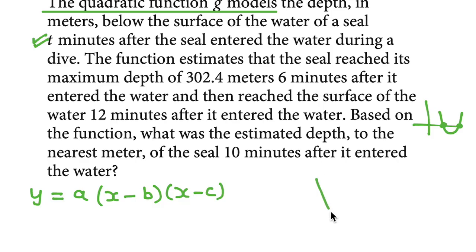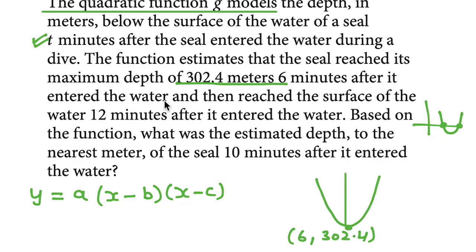So if I graph this, this information is about the vertex of the parabola. That means this height is 302.4 and input is 6. So these are the coordinates of the vertex, right? Okay, perfect. So we have one coordinate. Let's see where we can use it.